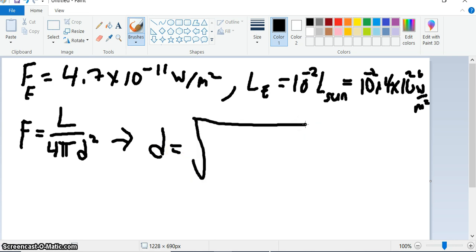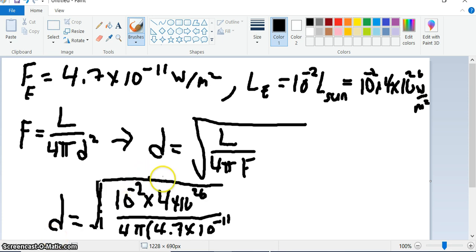So d is the square root of the luminosity, in solar units of course, divided by 4 pi and divided by the flux. Both of these are for our example star. Let me put the numbers in.